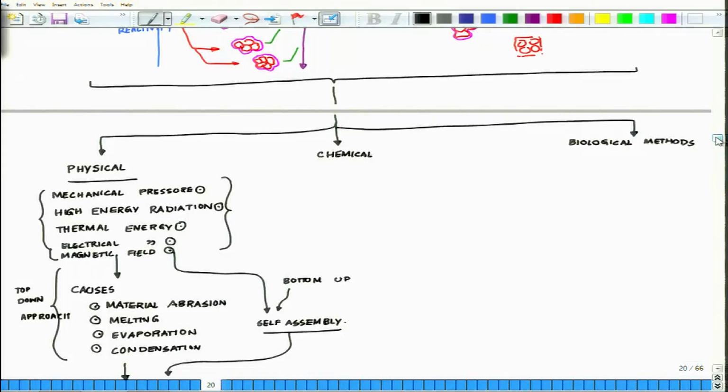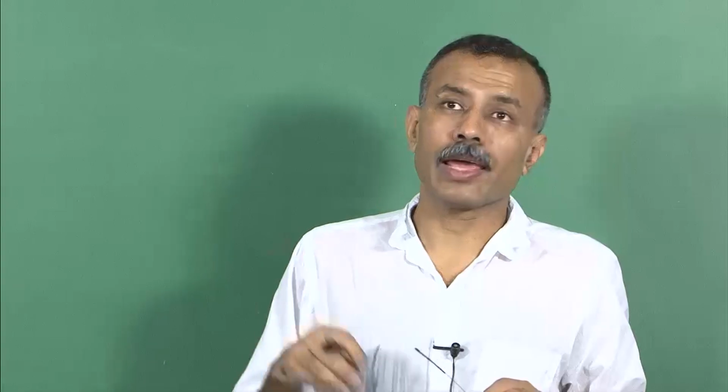Now let's move on to the different chemical approaches which are being used. Again, for the chemical approach, there could be two things: either you are using a bottom-up approach or a top-down approach. When we talk about the top-down approach, we talk about etching.